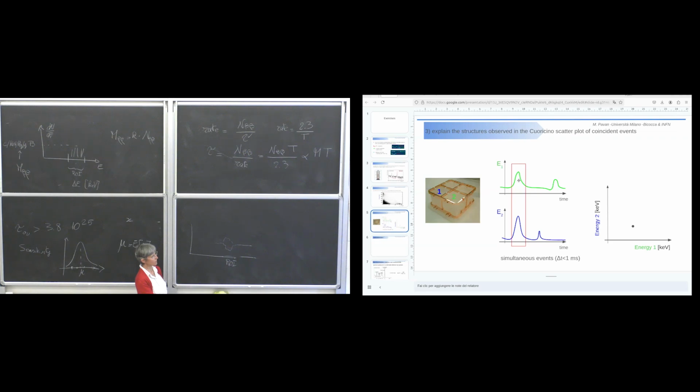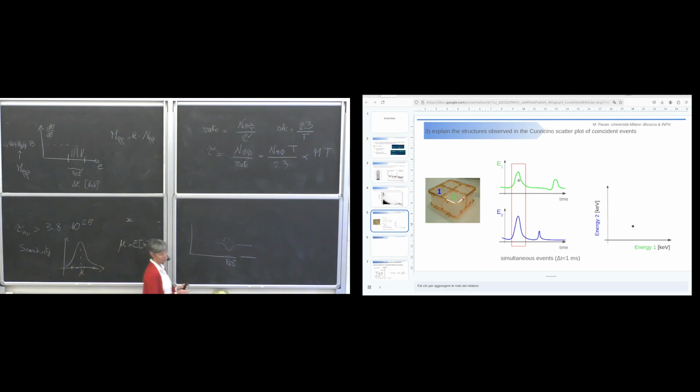So I can plot the energy recorded in one crystal versus the energy recorded in the other crystal. And for each coincidence, I will draw a point in this plot. Okay? And I can do this for all the pairs of crystals in CUORE, CUORICINO, or whatever array.